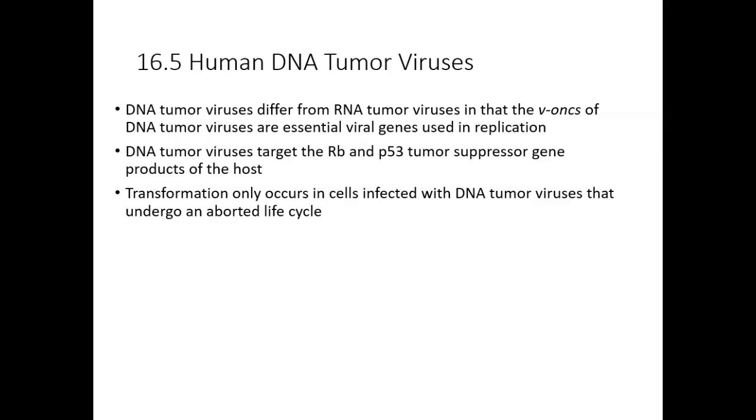Now, DNA tumor viruses. We've got RNA viruses and we've got DNA viruses. DNA tumor viruses and RNA tumor viruses differ in that the viral oncogenes of DNA tumor viruses are essential viral genes and important in replication. So DNA tumor viruses need these genes in order to replicate.